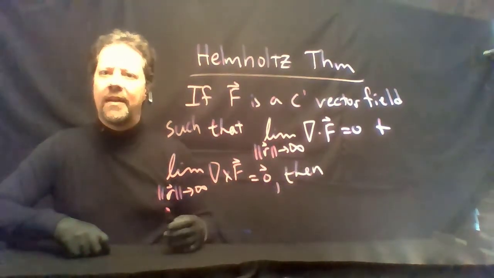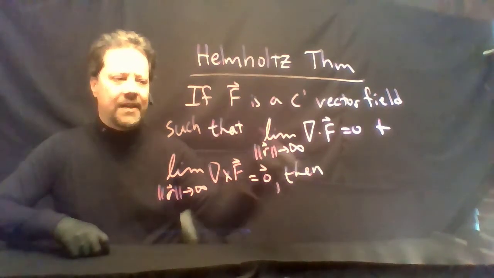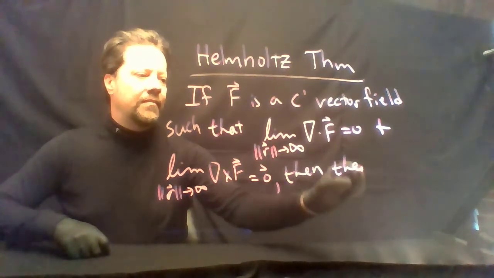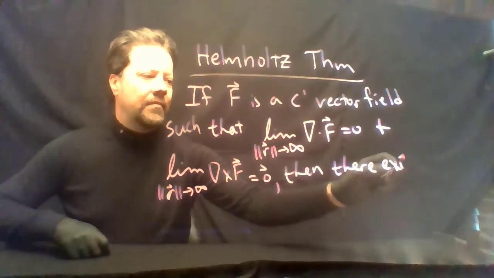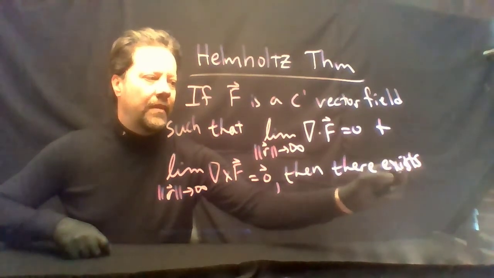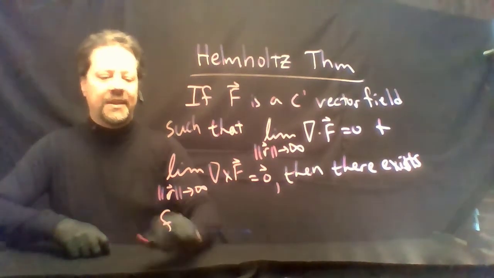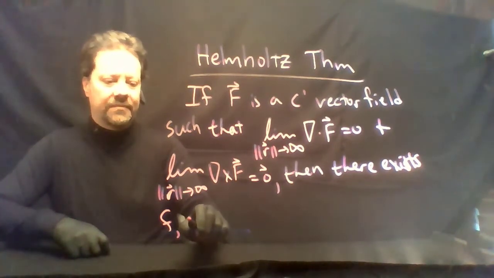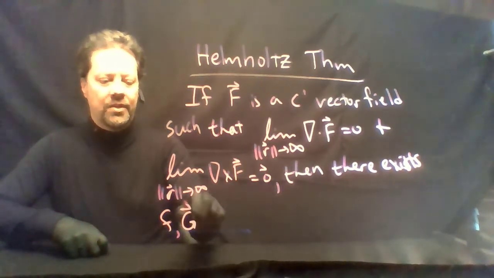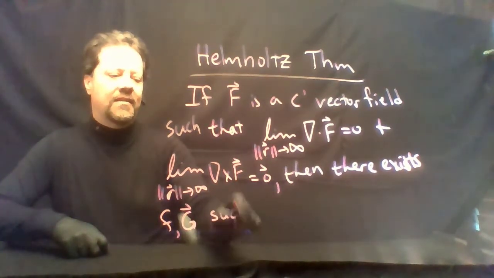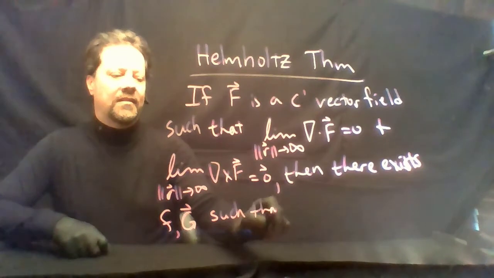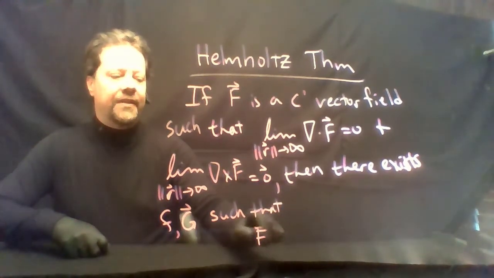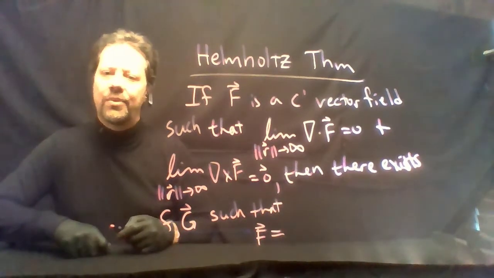Then there exist two potentials. There exists a potential function little f and a vector potential. We'll call this vector potential g, such that the vector field F may be decomposed into two terms.